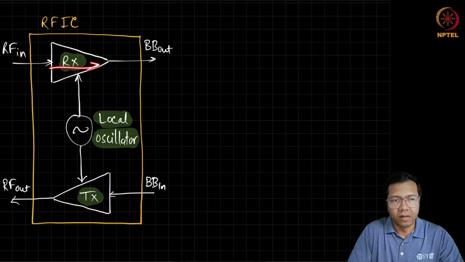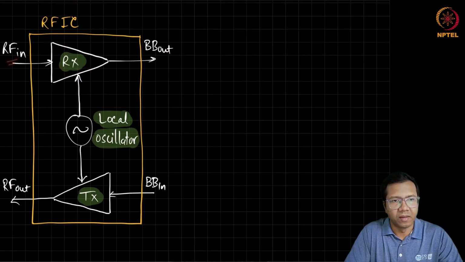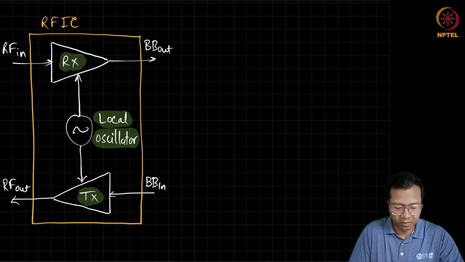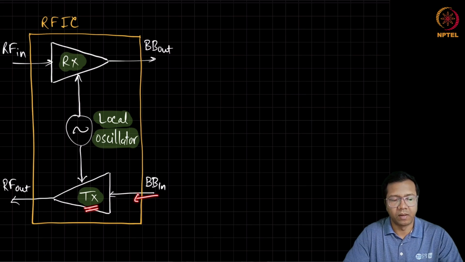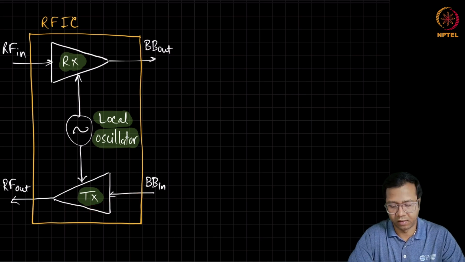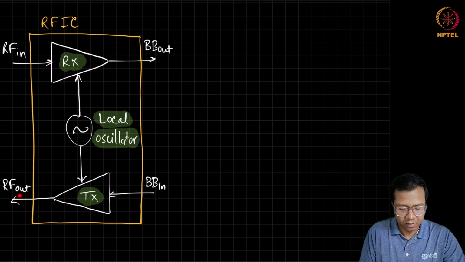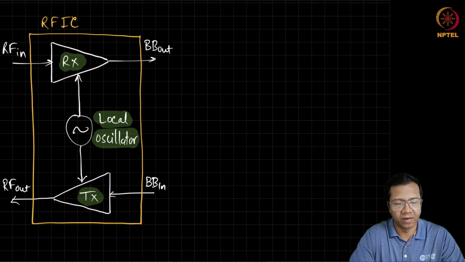Next, we will see that an RFIC mainly contains three building blocks. There will be a receive chain, which will take a high frequency signal input and generate an analog output. Then there will be a transmit chain, which takes the analog signal from the modem and generates a high frequency radio frequency signal, which will finally be used to drive the antenna.